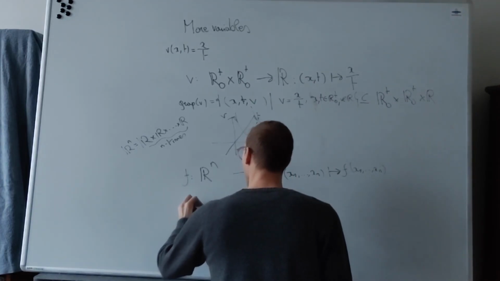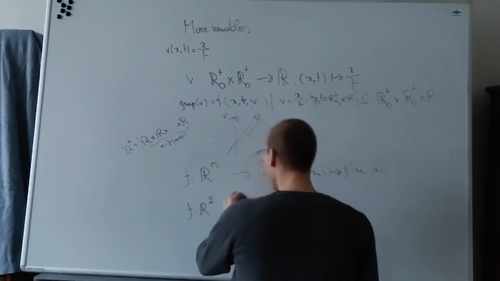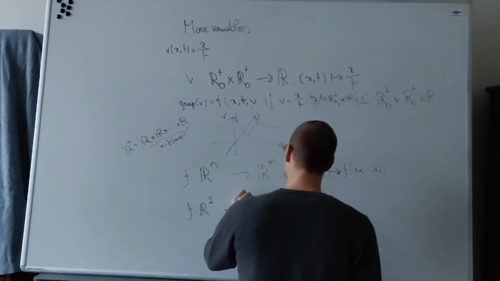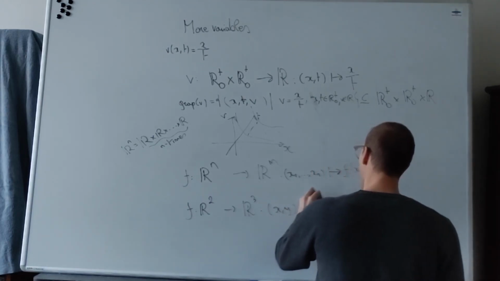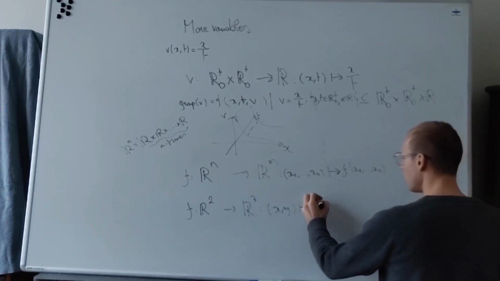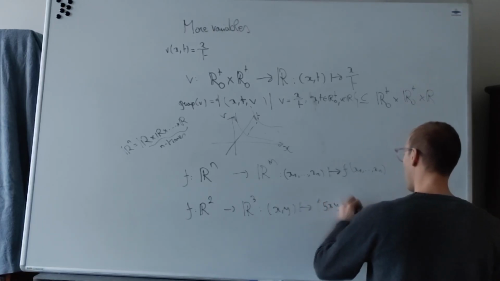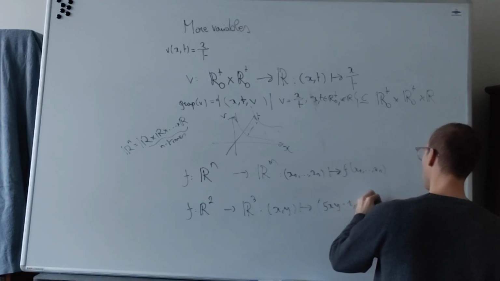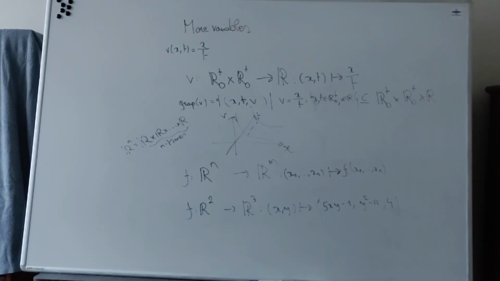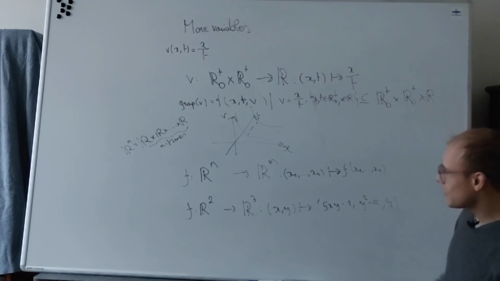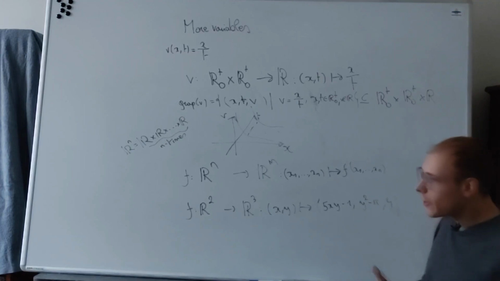I could go from R squared, from the plane, to 3-dimensional space. And every tuple (x, y) I'm just going to map to, for example, (5xy minus 1, y squared minus pi, 4).